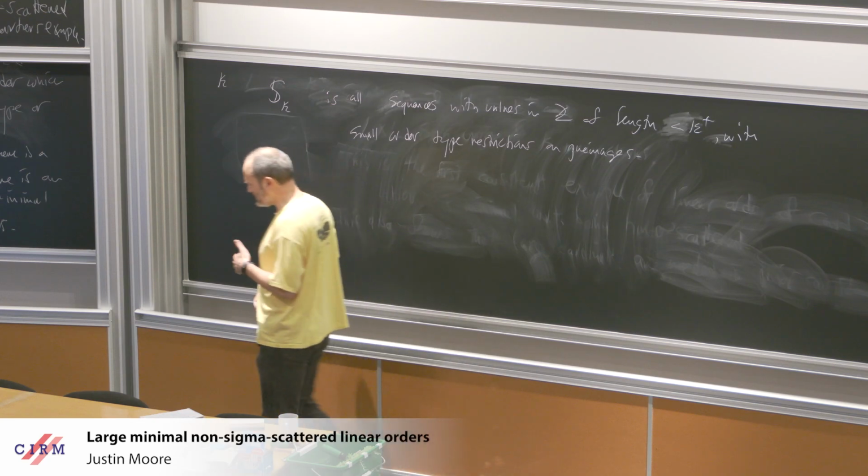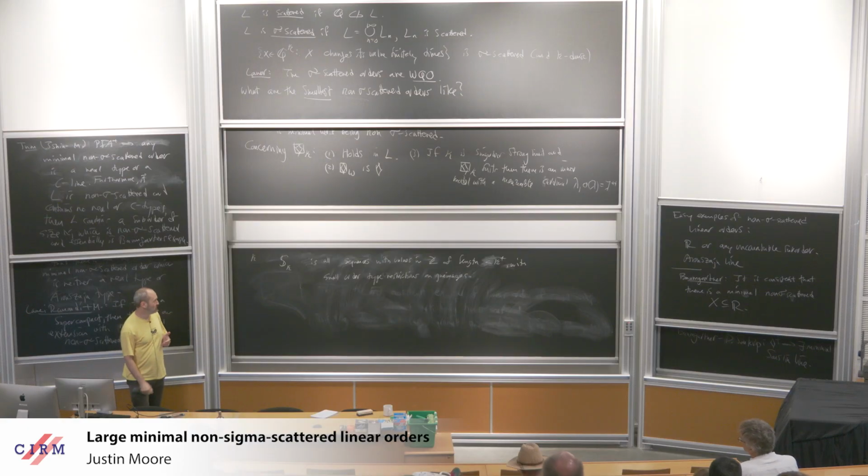I think you want to say the preimages have order type at most kappa times omega, or something like this.